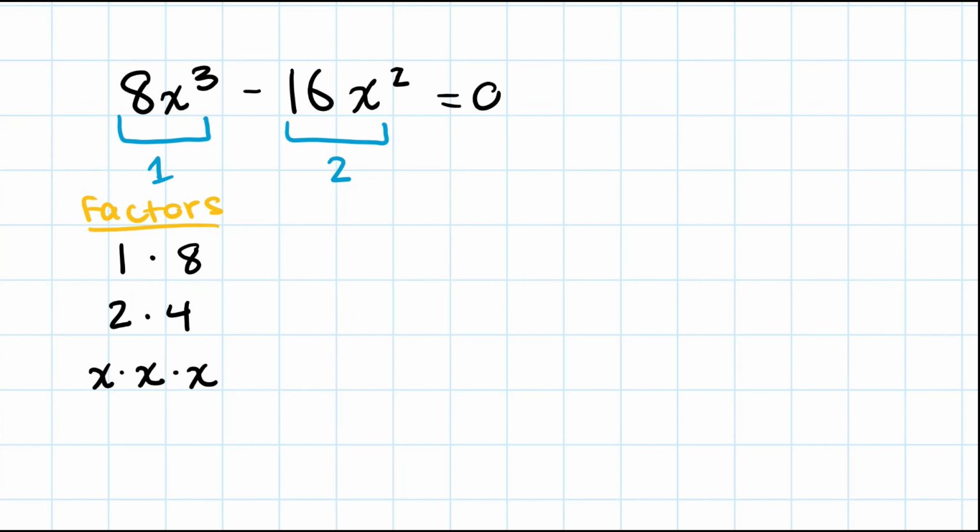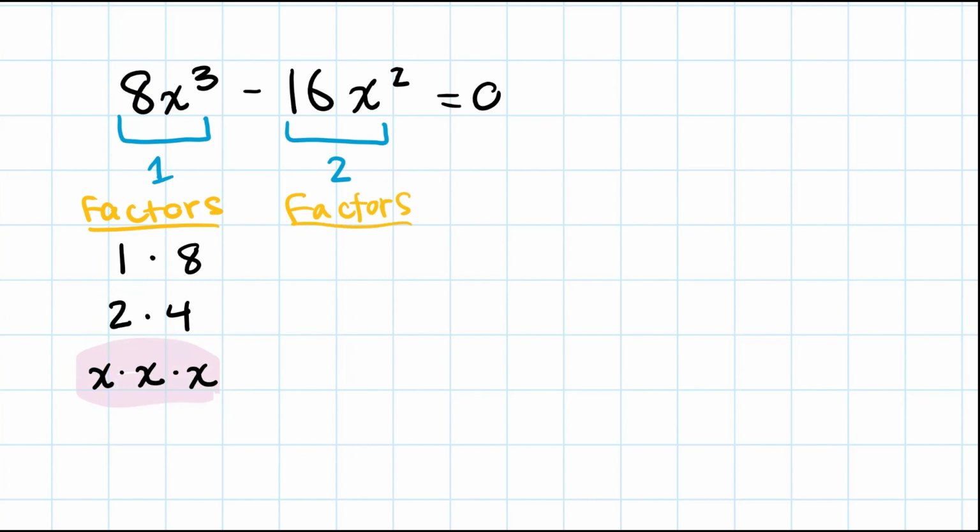So we are going to have some sort of combination of this along with either this or this to make up 8x cubed, right? We always have to have the 3 x's because they're all cubed, but we don't know. Maybe we broke it down by 2 and 4, or we broke it down by 1 and 8. Both are options, okay?